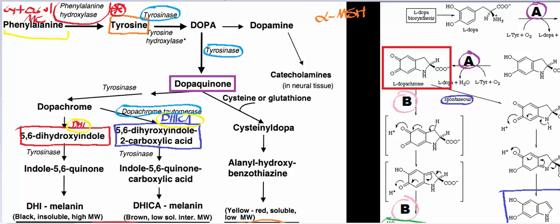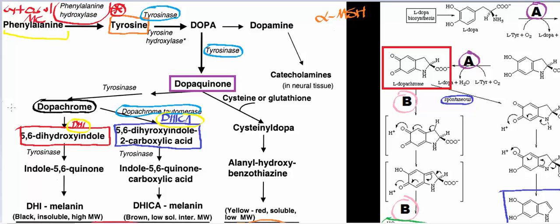And I do want you to know that dopachrome is really the branch point in eumelanin synthesis. Then I want you to know that dopachrome reacts in two different pathways.